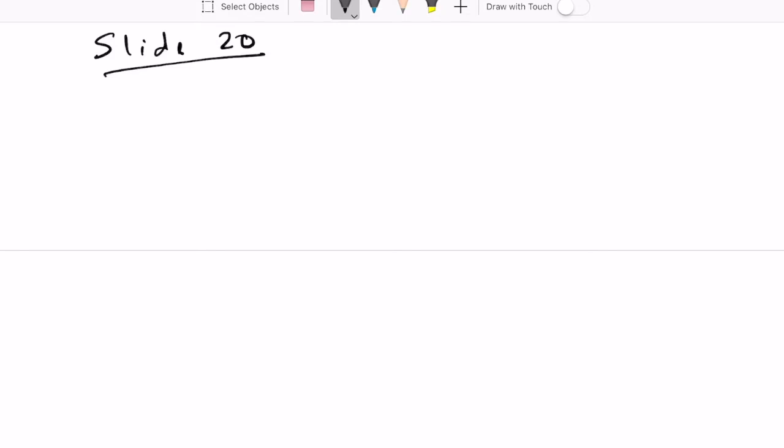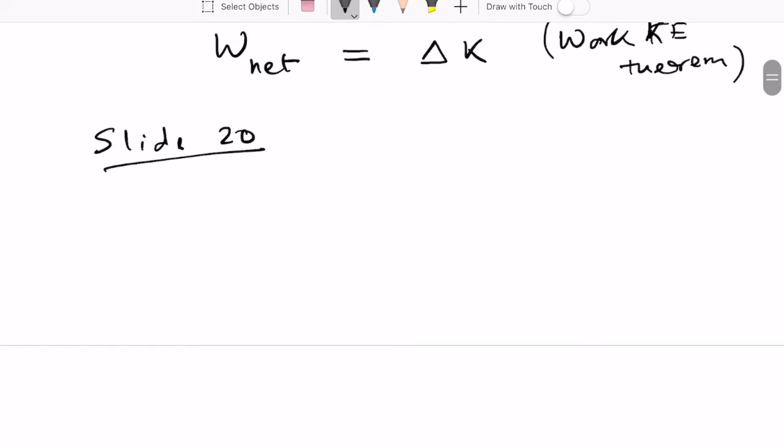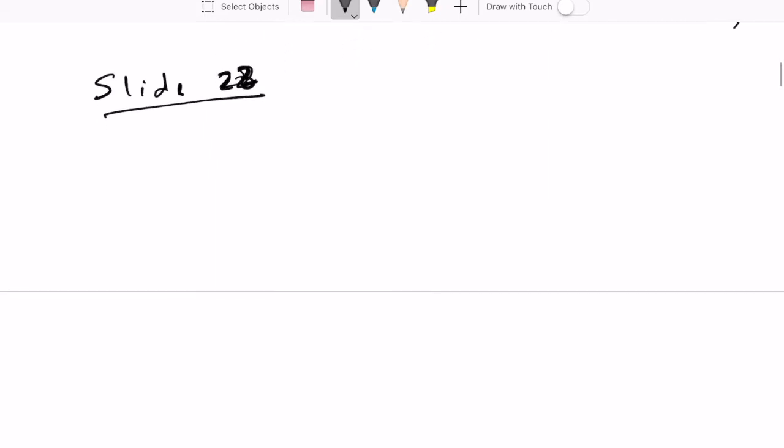It's saying that there's a simple pendulum, so this is slide 22. A simple pendulum consists of a point mass, mass m, and a massless string of length L, and it's hanging vertically. The bob, so this mass is called the bob, is given a horizontal velocity v0, and as a result of that, the pendulum rises up.